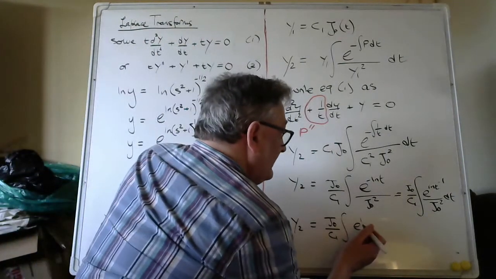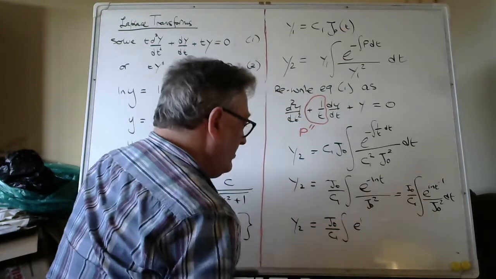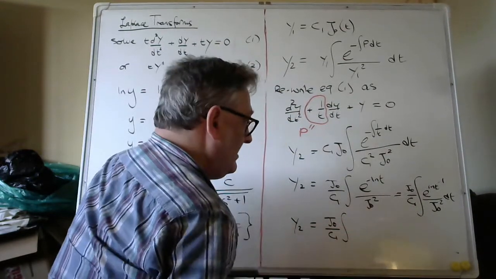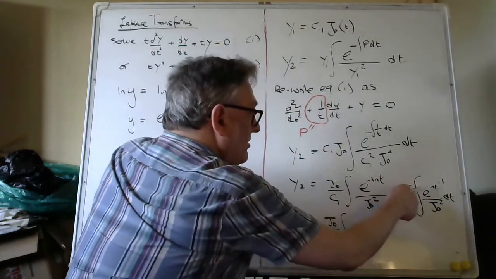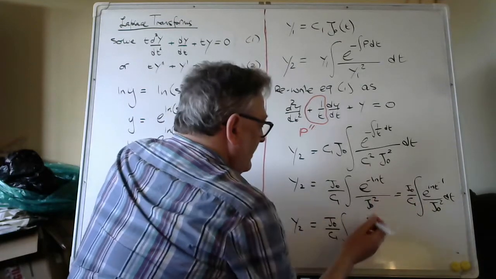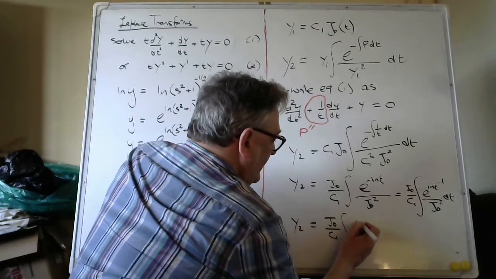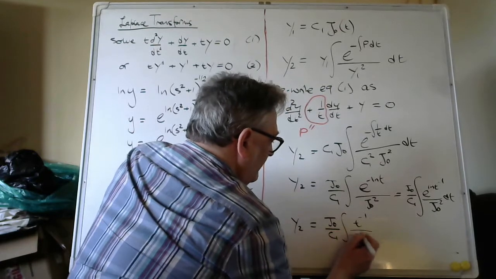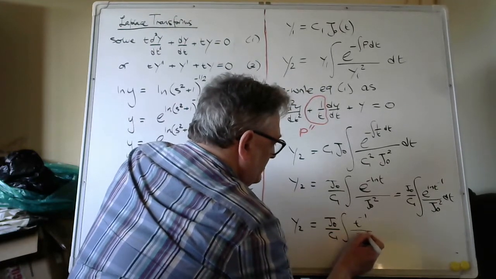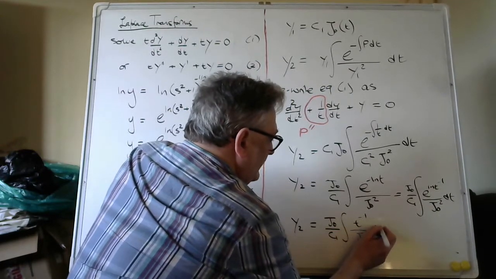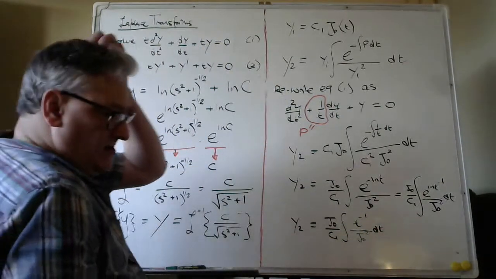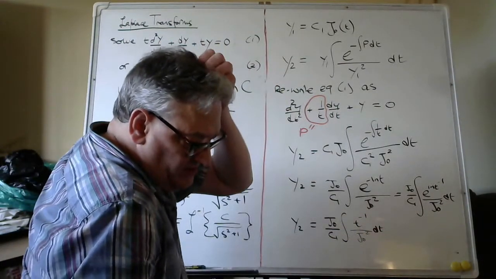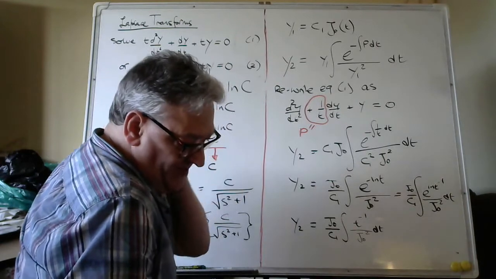And so this comes out to be e to the power log of t to the minus 1, which is just t to the minus 1, over j naught squared dt. Now, you can try and simplify that as much as you like.